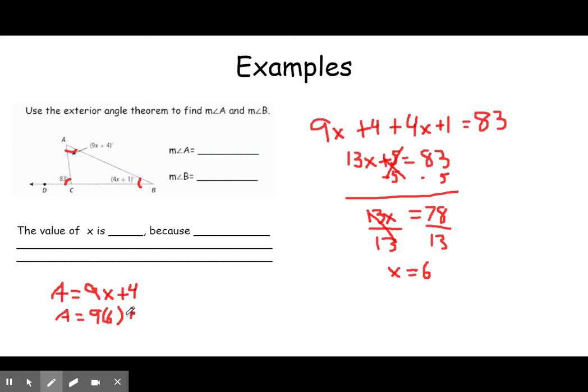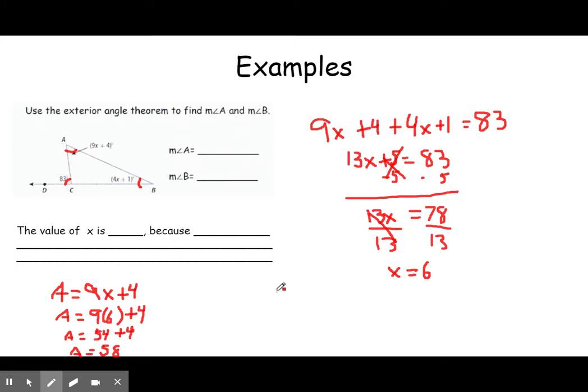All right. And then if I add that to 4 and do my math, so A is equal to 9 times 6, I know is 54. And then if I add that to 4, we get a measurement of 58 for angle A.